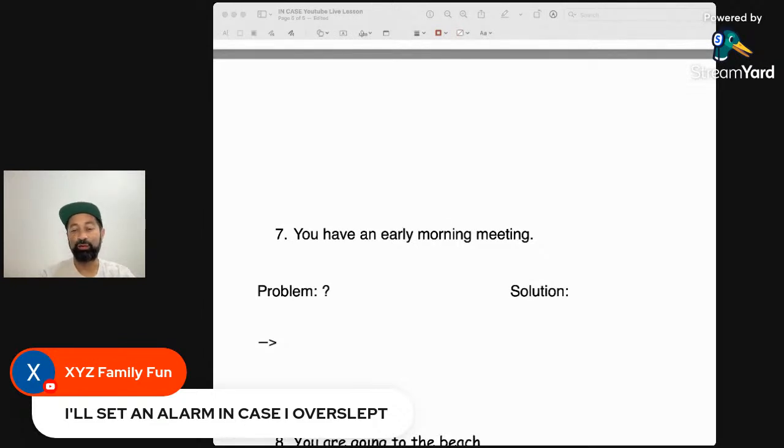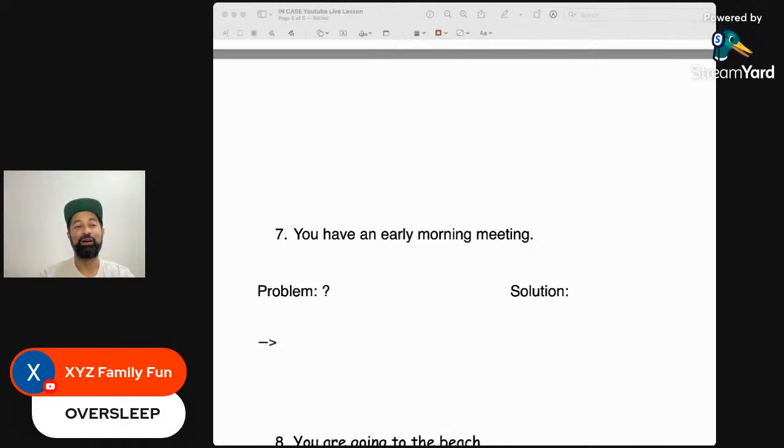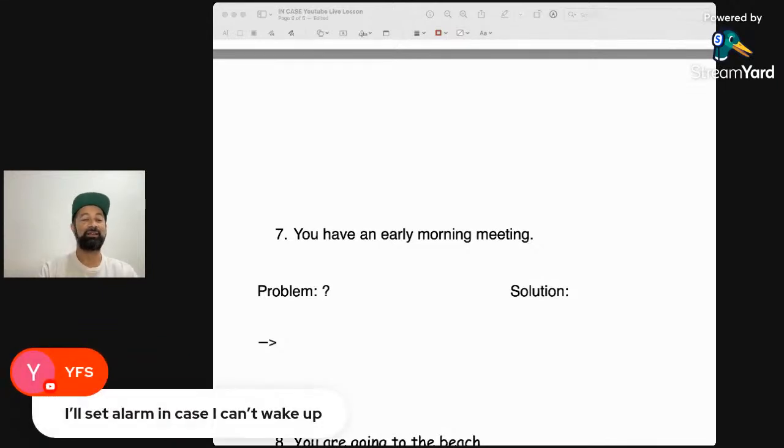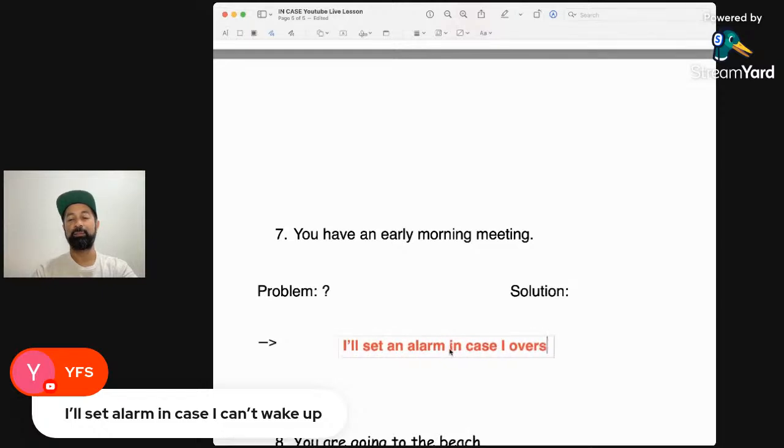In case I oversleep, perfect. Or like YFS says, I can't wake up. So I'll set an alarm in case I oversleep or can't wake up.